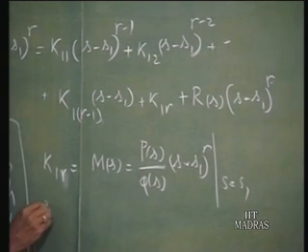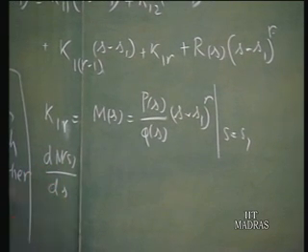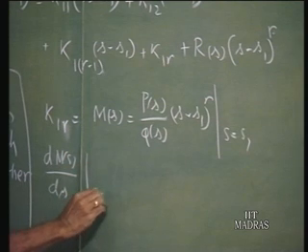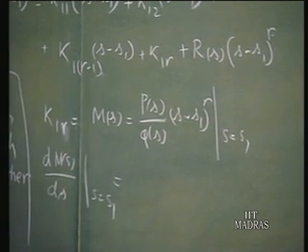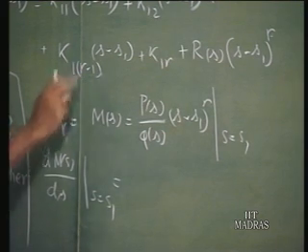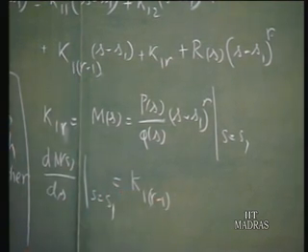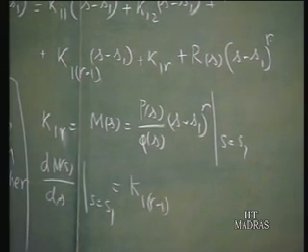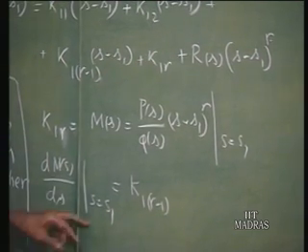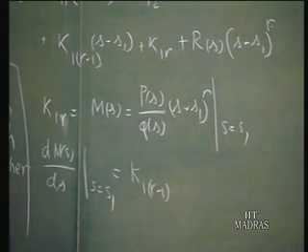So when you have dm of s over ds and substitute s equals s1, the only term that remains is k1(r minus 1), because k1r disappears and all the other terms have a factor s minus s1. That is k1(r minus 1).